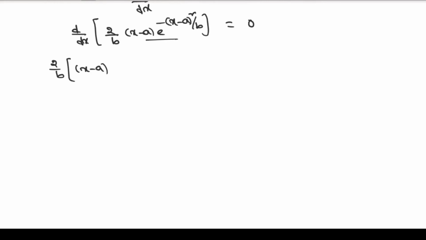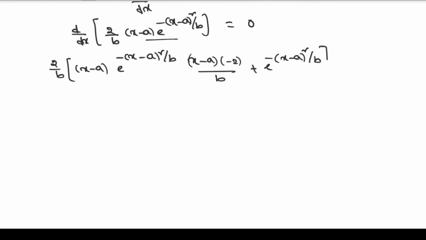Then e^(−(x − a)²/b). Now differentiating the terms again, this one is going to be (x − a) times (−2/b) plus e^(−(x − a)²/b) is equal to 0.